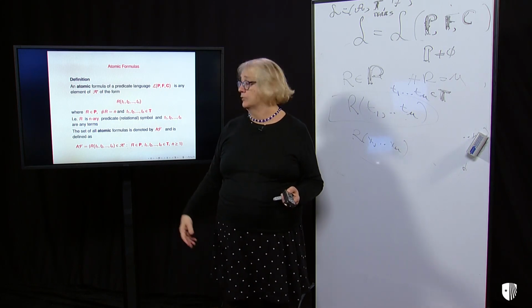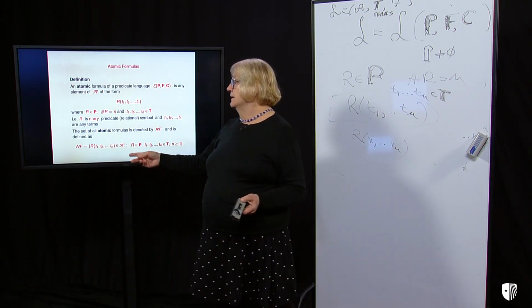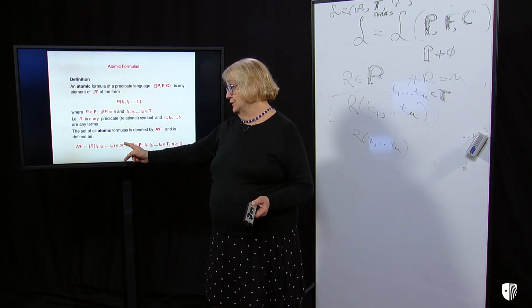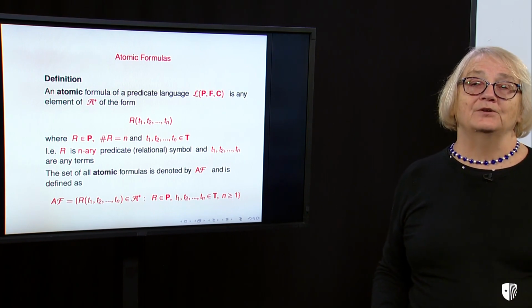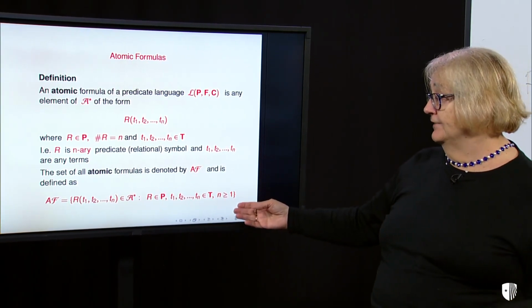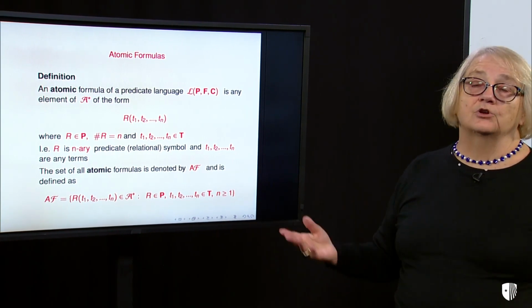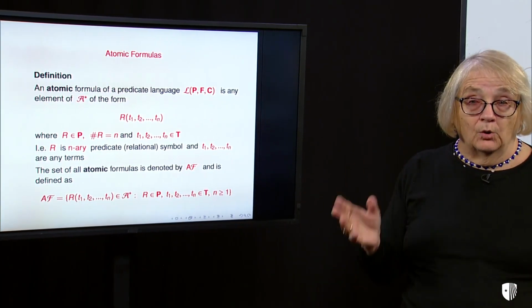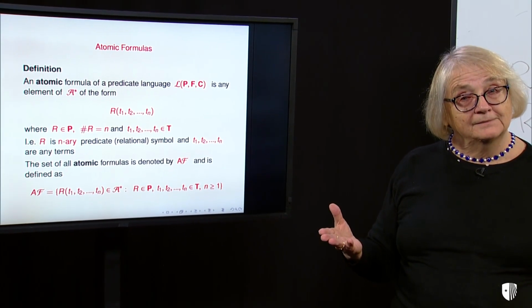The set of atomic formulas is the set of R(t1, ..., tn), a finite sequence of signs of the alphabet such that R is in P and t1, ..., tn are terms. So the set of atomic formulas is always non-empty and countably infinite.